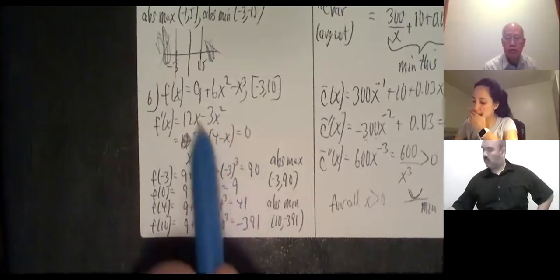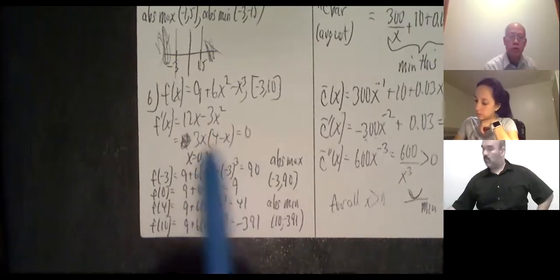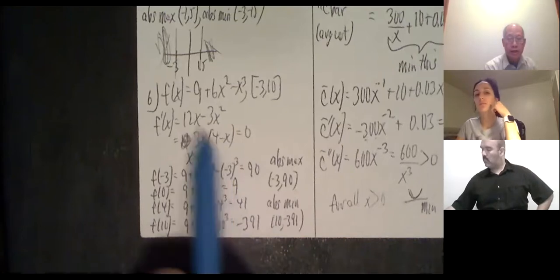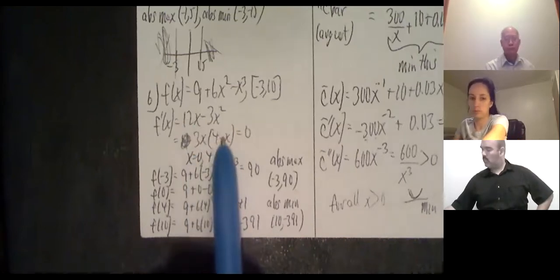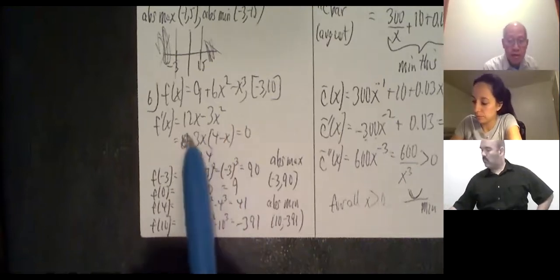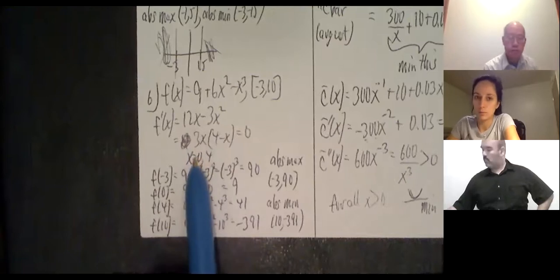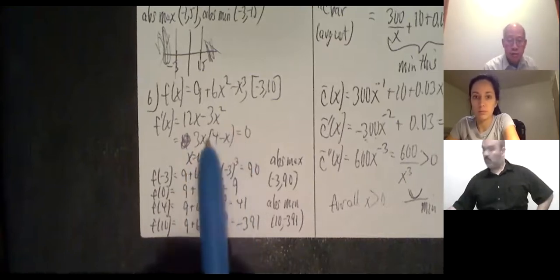Remember, you can always double check your factoring by multiplying it back out. That times that is 12x. That times that is negative 3x squared, so it looks good. What number makes 3x 0? 0. What number makes this 0? 4.